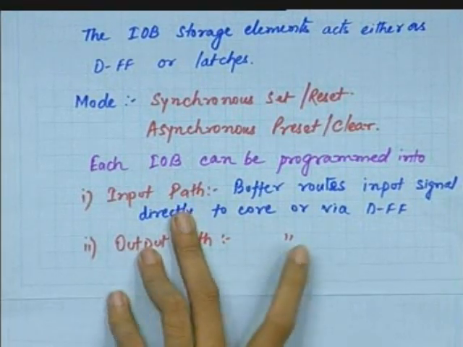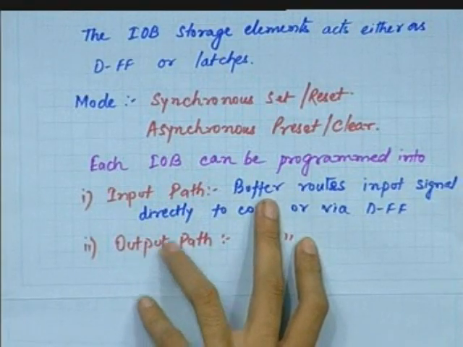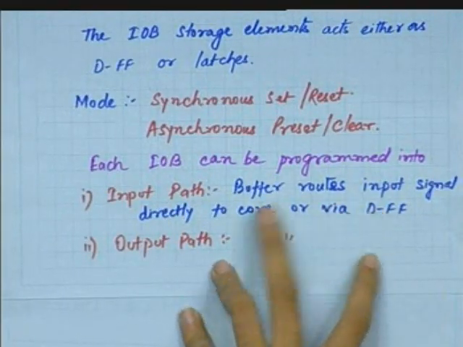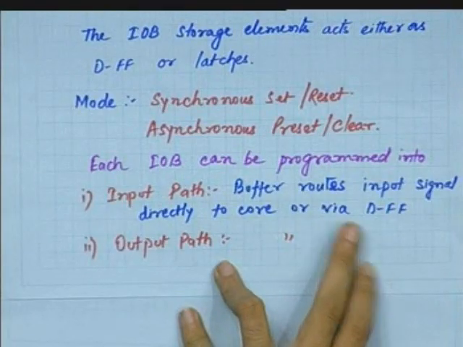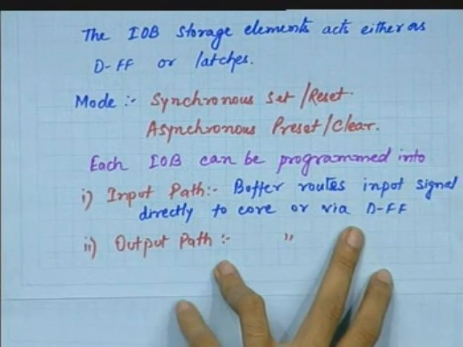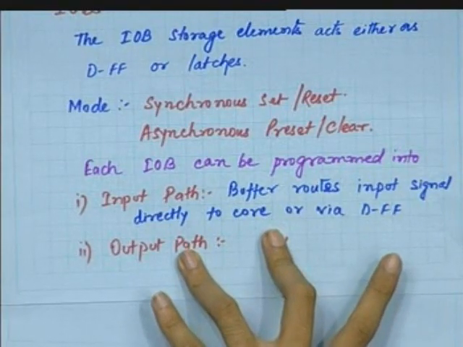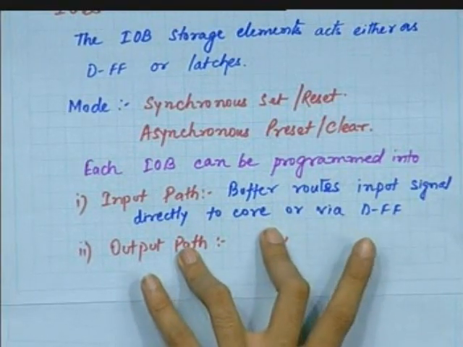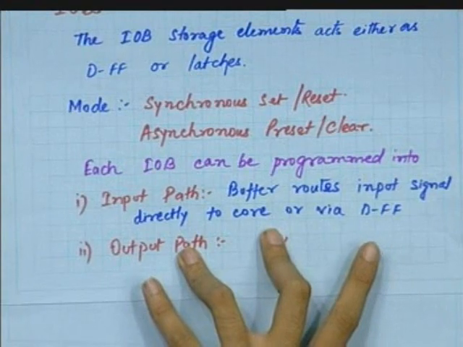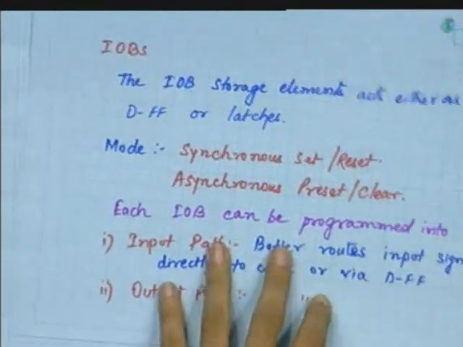The input path has some buffers that route the input signal directly to the core or via the flip flop. Similarly, the output path has some buffers which route the output signal from the core to the outer world directly or through the D flip flop. Okay.